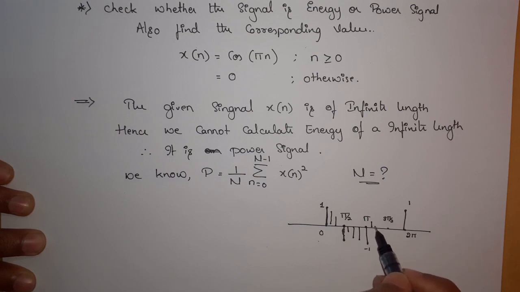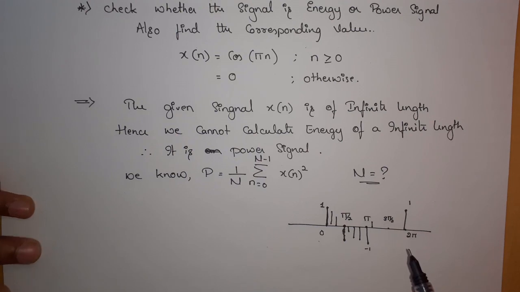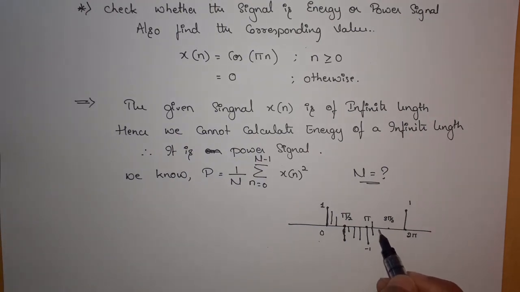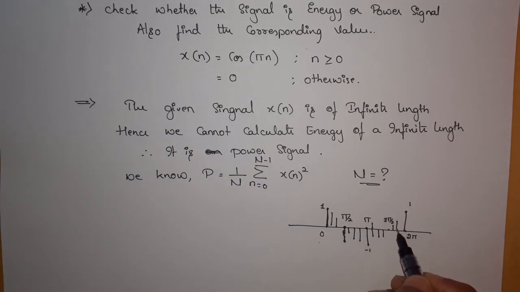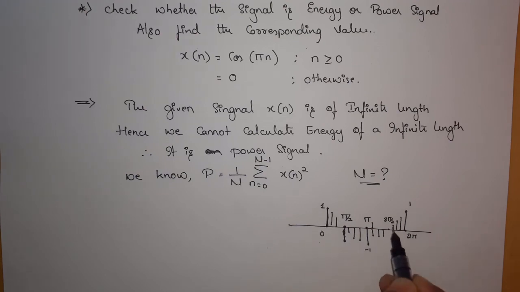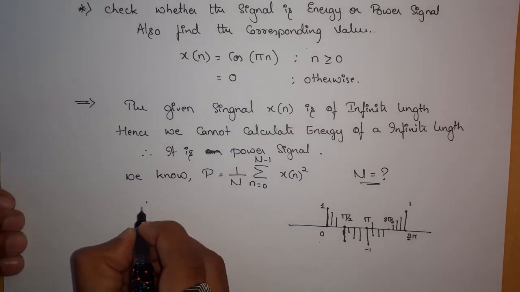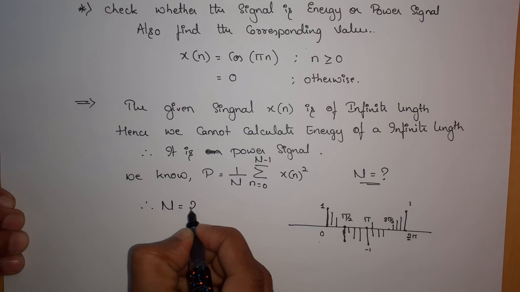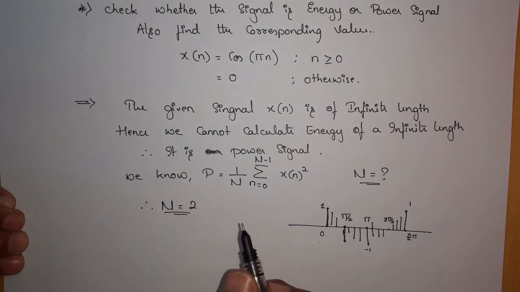Okay, this is what we can see here. This is the one full cycle. Cos 0 is 1, cos pi by 2 is 0, cos pi is minus 1. The amplitude 1 is repeating after a sample of n is equal to 2. Therefore the value of N is equal to 2.